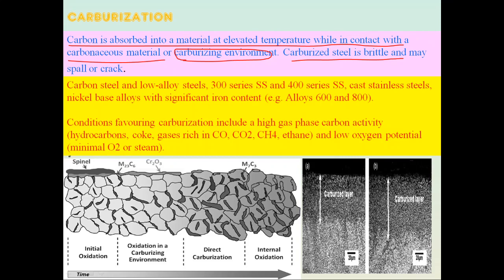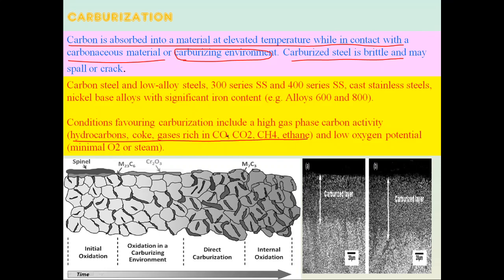So basically, what is the carburizing environment? It is one where carbon will be present in the environment, like hydrocarbons, coke, and gases rich in CO, CO2, CH4, ethane.